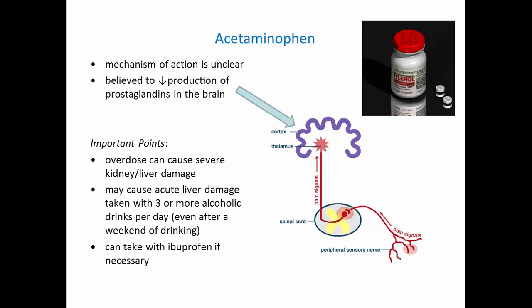Some important points that we've known for a while: overdose of acetaminophen can cause quite severe kidney and liver damage. More recently, we realized that this type of liver damage can occur very rapidly if it's taken with 3 or more alcohol drinks per day. And even after a weekend of drinking, taking acetaminophen can cause very sudden liver damage.